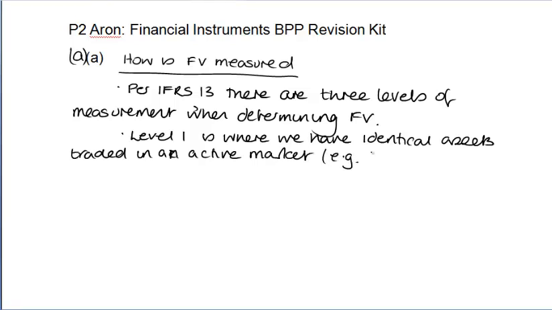So e.g. this could be a stock market, such as Wall Street. All shares are identical, aren't they? So therefore we can pick up the fair value by saying, well, what is the closing price on a particular day?